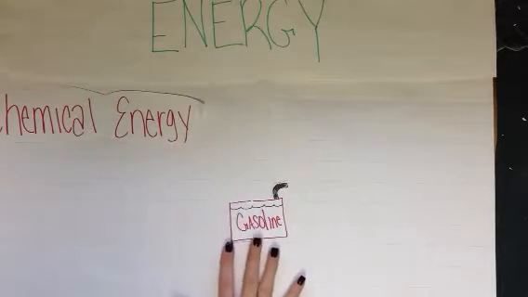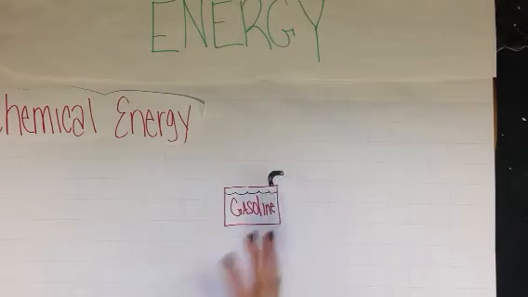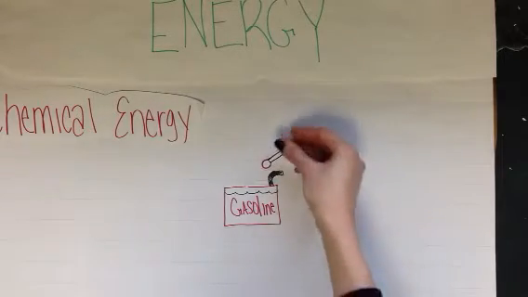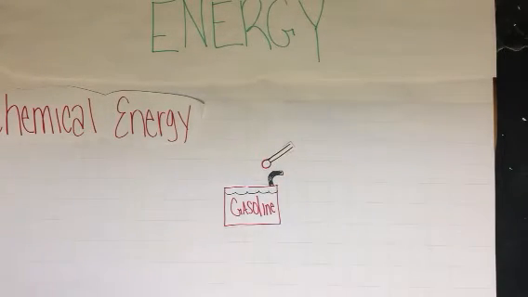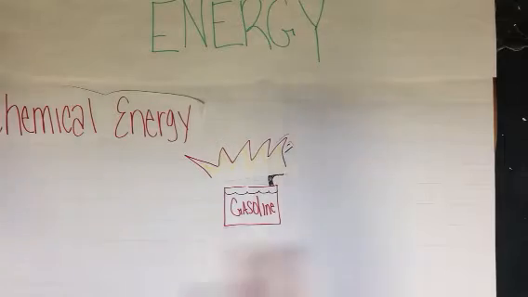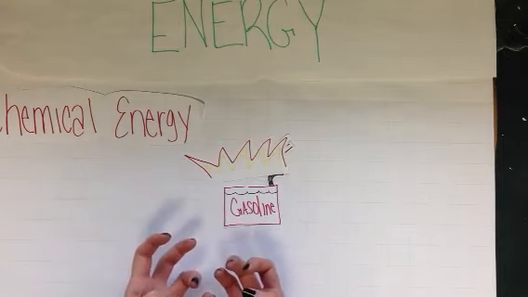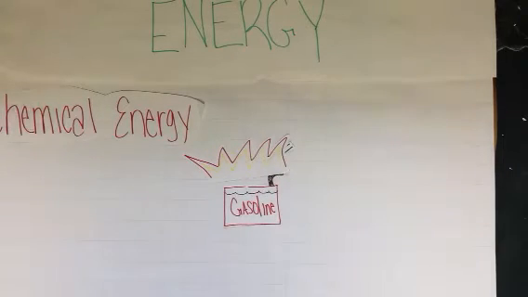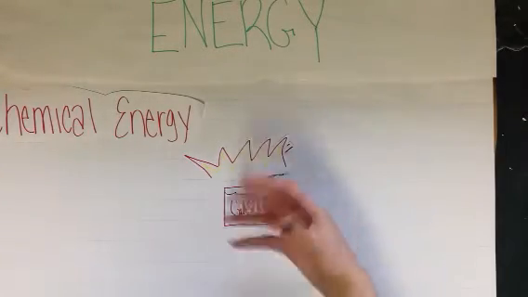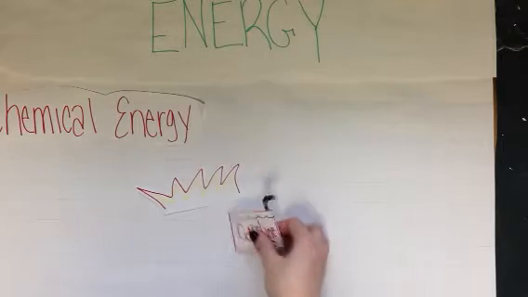If the gasoline is lit on fire, it has a lot of energy that can then go out to be thermal energy. So all of that stored chemical energy has the potential to turn into thermal energy and release that energy from its bonds. So it's another type of energy.